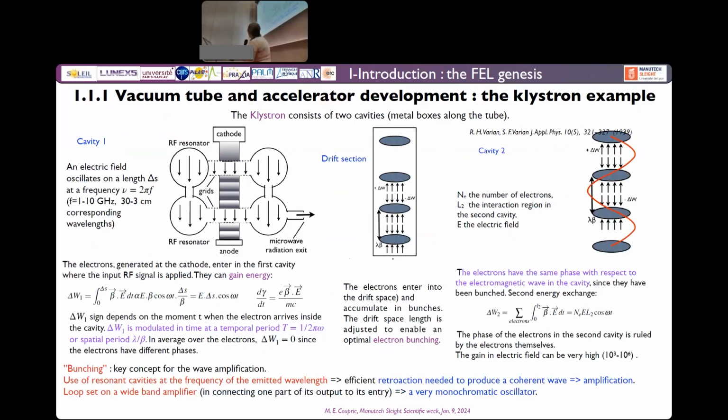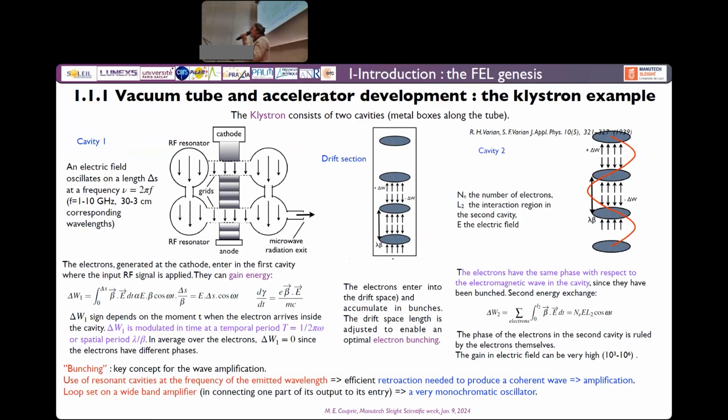So we have electrons which are emitted by a cathode here, and then they enter a first RF resonator where we have an electric field which oscillates at a length delta S and at a frequency nu, with a frequency typically in the gigahertz.